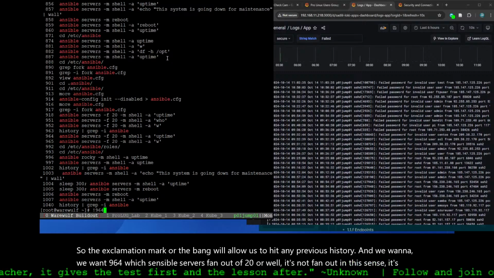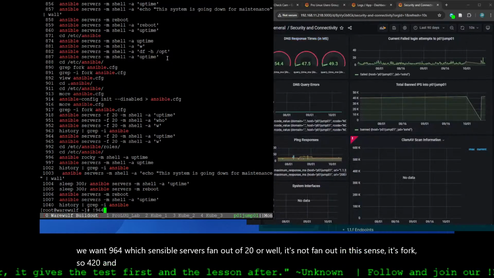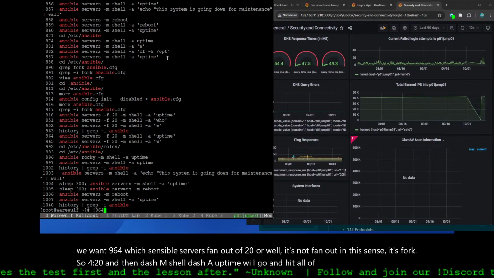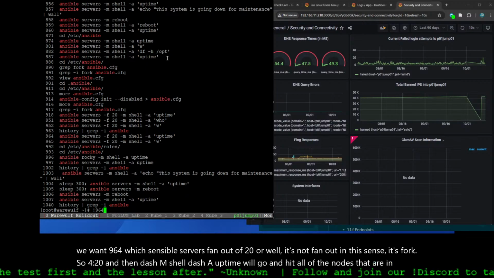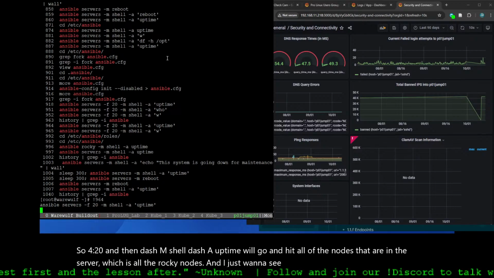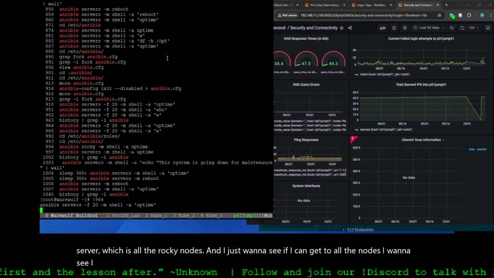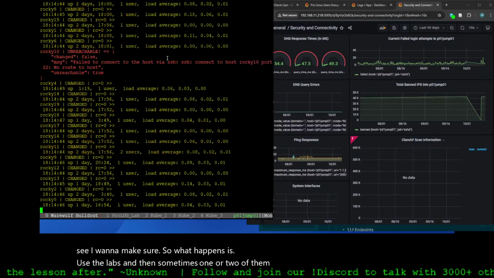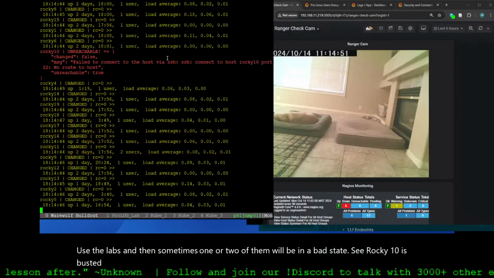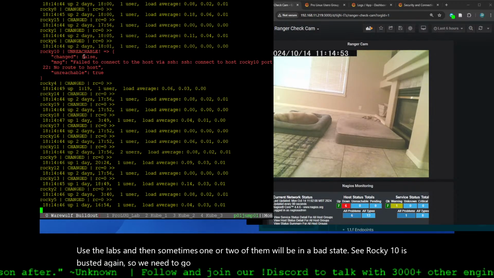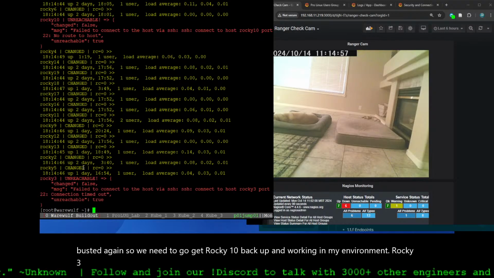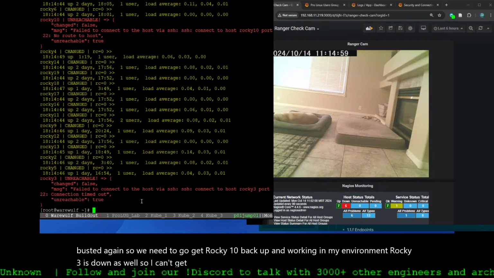So fork 20, and then -m shell -a uptime will hit all of the nodes that are in the server group, which is all the Rocky nodes. I just want to see if I can get to all the nodes. What happens is people use the labs, and then sometimes one or two of them will be in a bad state. See, Rocky 10 is busted again, so we need to get Rocky 10 back up and working in my environment. Rocky 3 is down as well, so I can't get there either.